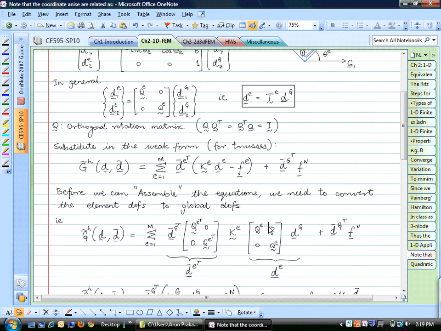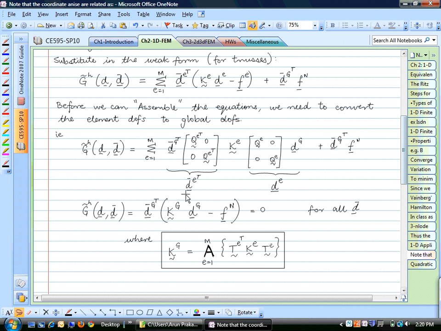So this is t for the element times d global. And now all I'll do is collect this entire term and call that my global stiffness matrix.